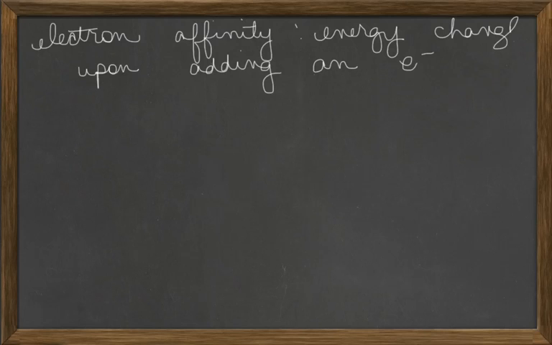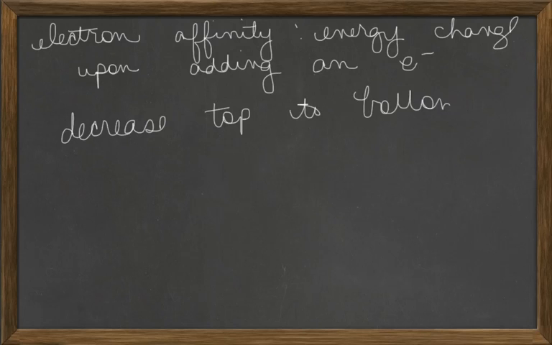Electron affinities generally decrease from top to bottom. And they generally increase as you move from left to right.